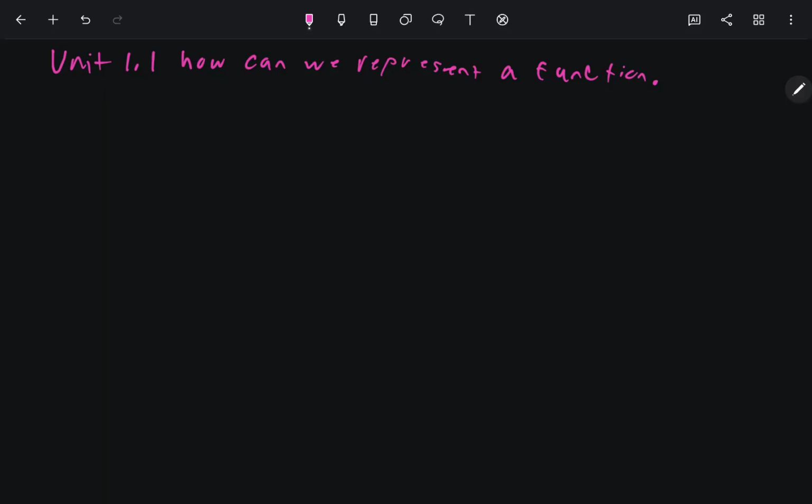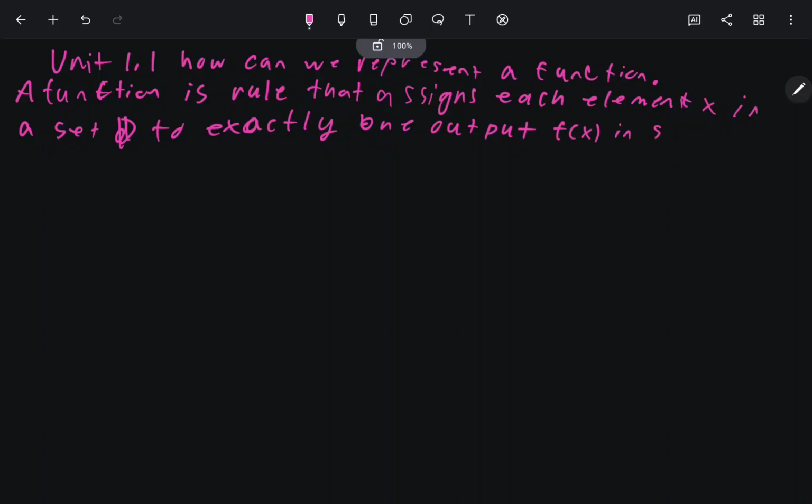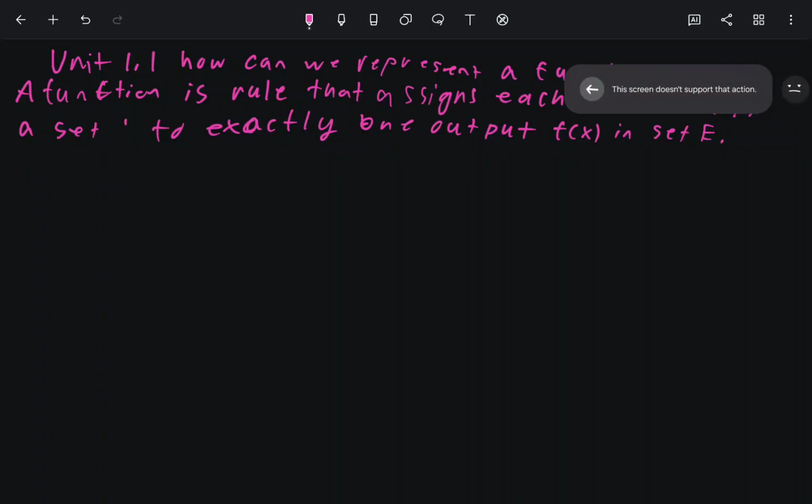So, let's start out by defining what a function is. A function is a rule that assigns each element x in a set D to exactly one output f of x in set E. Now, this is a very complicated definition of a function.